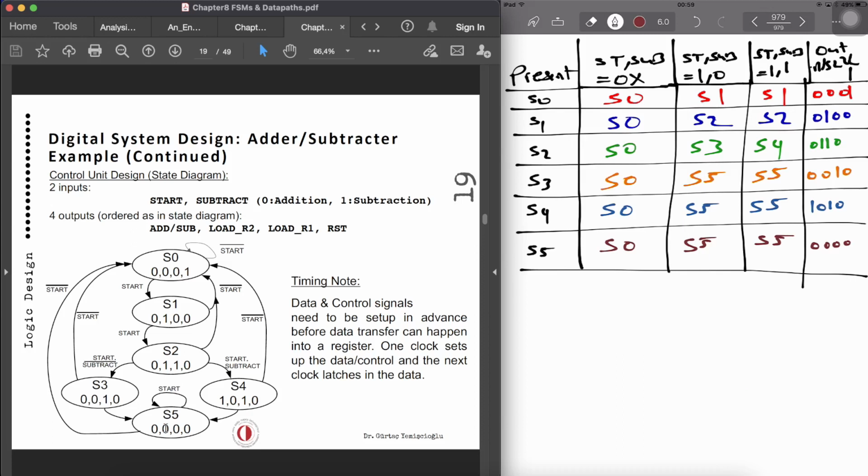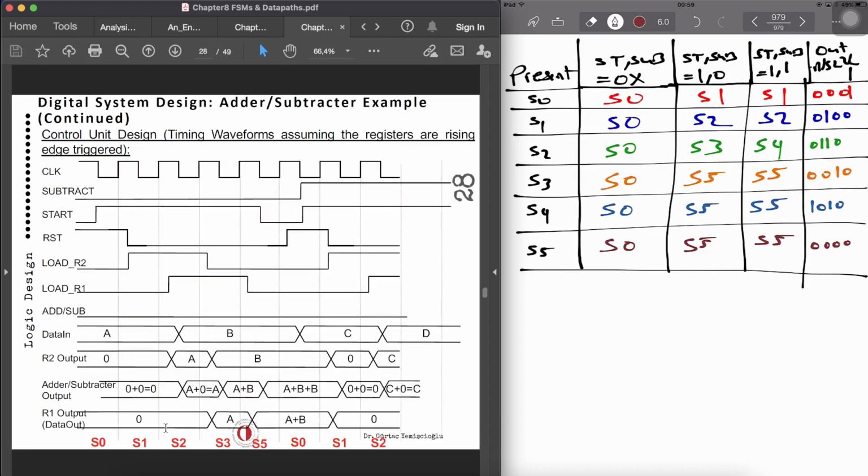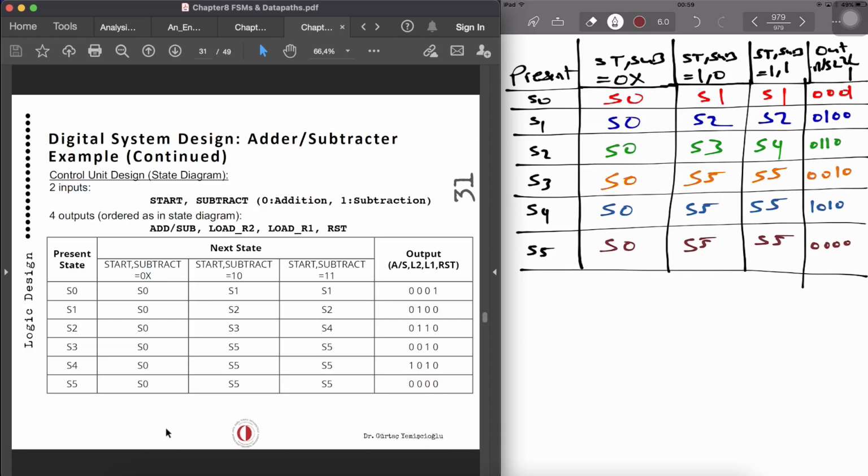Now, when we think about it, if you want to implement it using flip-flops, we have to think about the number of flip-flops that we are going to use and how many gates we are going to need. Now, this is the table of outputs that we have got.